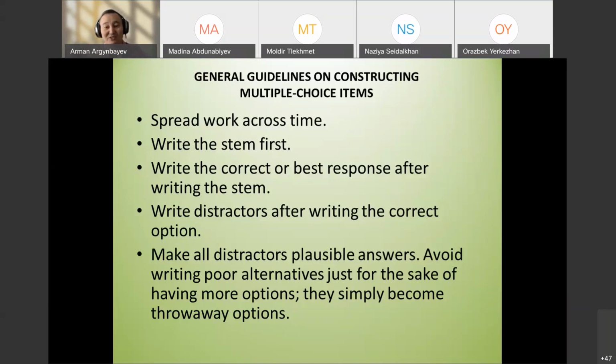For example, you must write 4 alternatives and you write 3 good alternatives and 1 is left, and you write something unrelated, just the 4th alternative. Don't do that. Spend some more time and try to create a good 4th alternative, or maybe you can ask your peers, your colleagues.